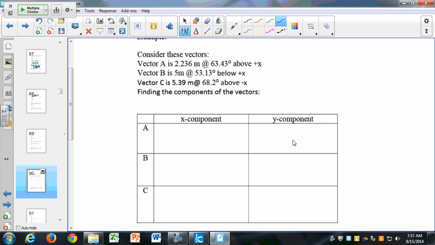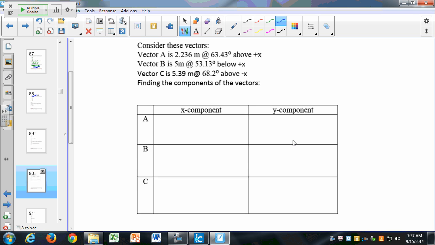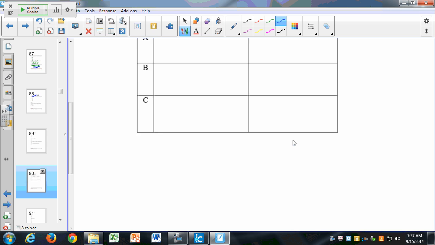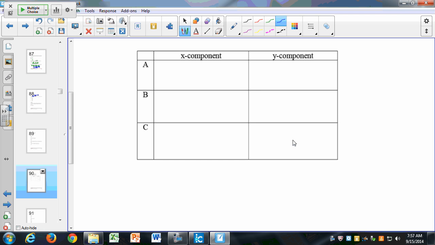So given these vectors, here I have 3 vectors. I want you to find the x and y components of all the vectors, and then find the sum, a plus b plus c. So go ahead and first find the x and y components. You'll find they're nice round numbers.